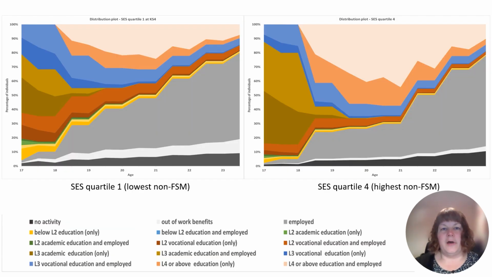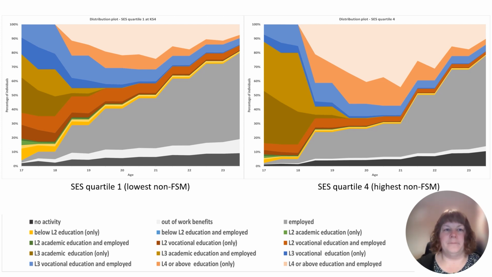Okay, so diving straight into some results, I'm going to show you 4 of these types of pictures. For each 6-monthly period between 17 and 23, we're summarising the proportion of the cohort who are in each of those 15 states that I mentioned.